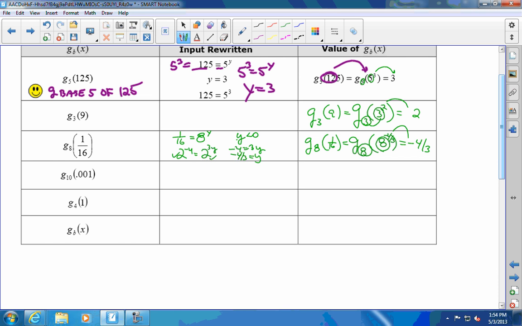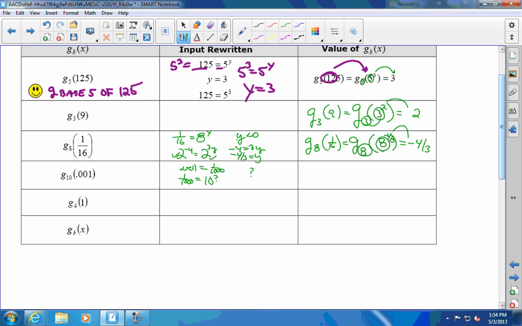And oh, we already did the next one. When we did the base 10, we didn't write it in, right? I didn't mean to do this for you, but I guess I did. So this one says 0.001 equals 1/1,000. So 1/1,000 is equal to 10 to some power. And I think we determined what that power was. What was that power going to be?